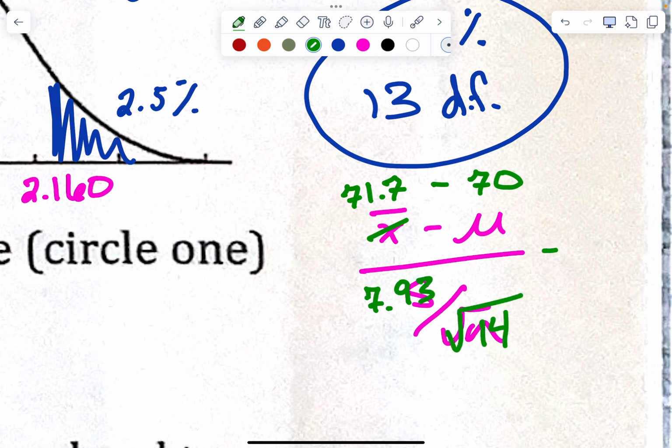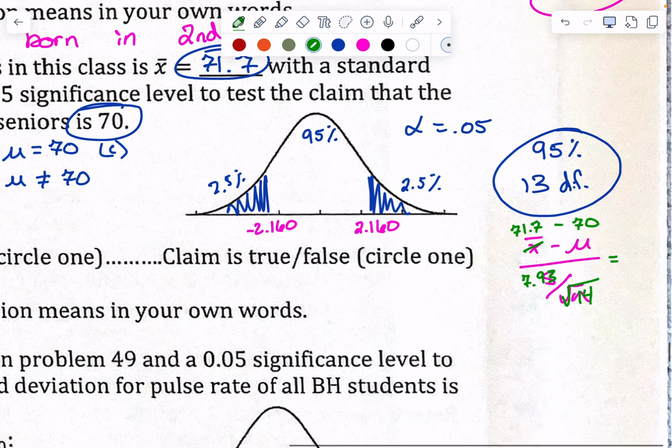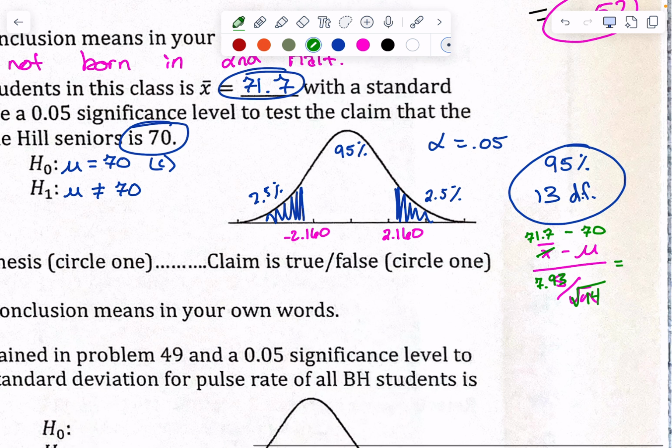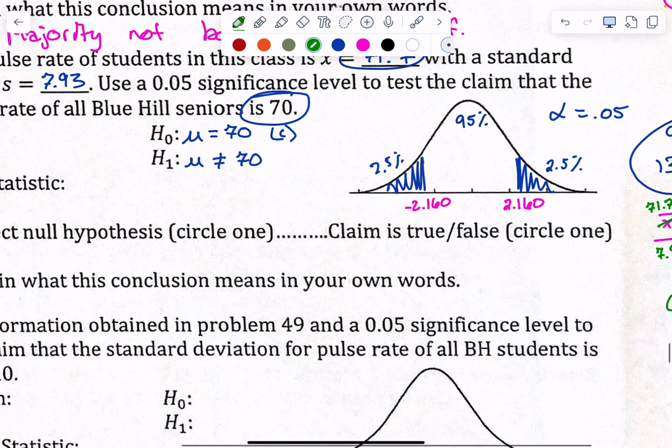Plug them in. 7.93 divided by the square root of 14. I got 0.802. That's our test value. That goes right here, 0.802.